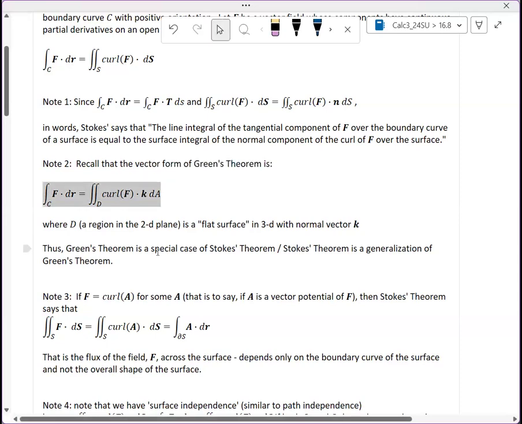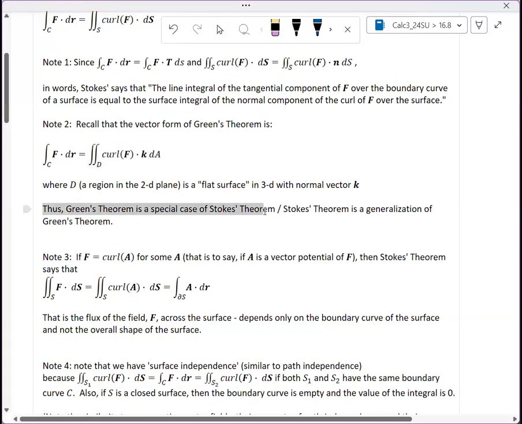It looked like the line integral of F dot dr equals the double integral over some 2D domain of curl of F. And here we kind of said, well, Green's really is a 2D theorem, but if we embed that two-dimensional flat surface in 3 dimensions, we could just think that we now have the ability to have a k vector, a vector pointing up, and we can rephrase Green's as the double integral of curl of F dot k dA.